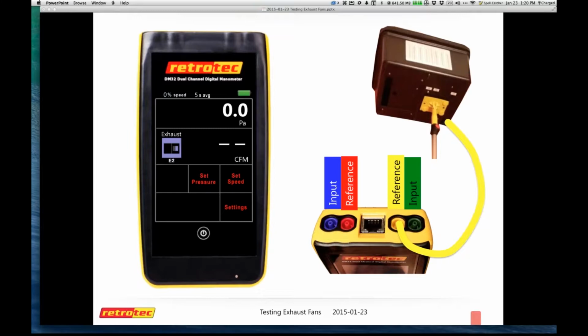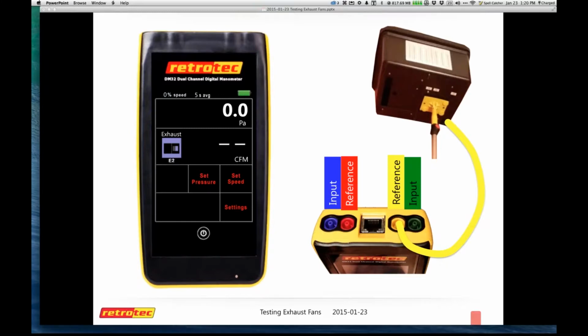And the reality is that you want to make sure that you're above 2 and below 8 pascals. I'm going to go back to make sure you see the difference. Here I have just the yellow tube on channel B, on the reference, and it gives me 52 CFM.